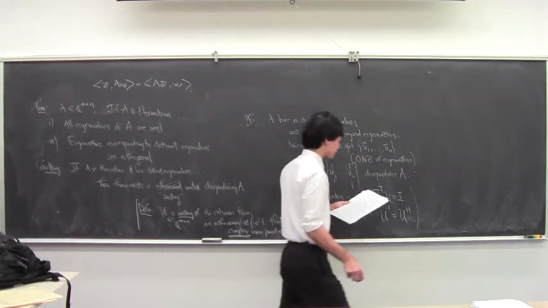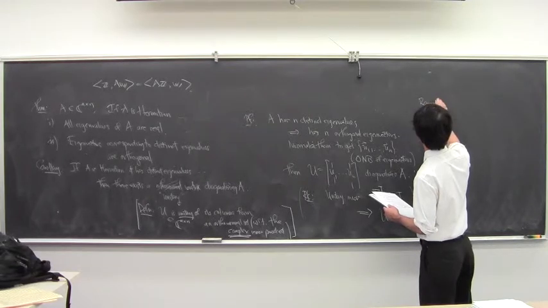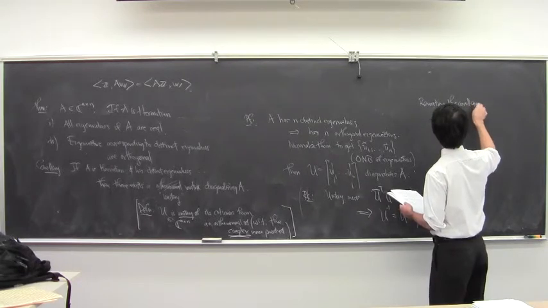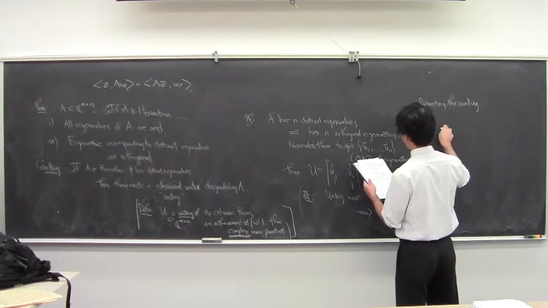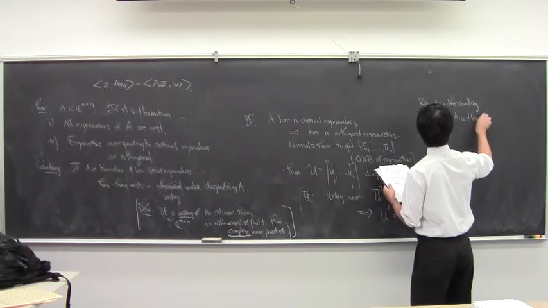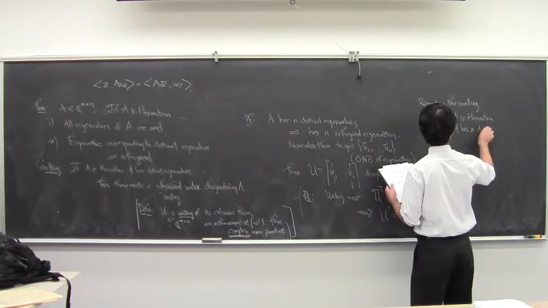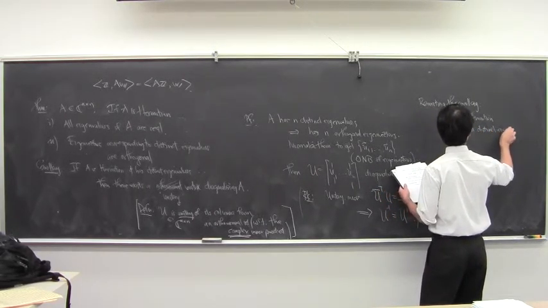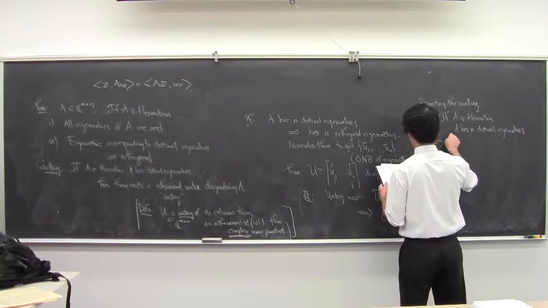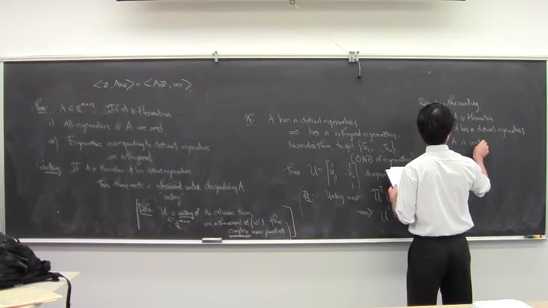So rewriting the corollary using this language: if A is Hermitian and has n distinct eigenvalues, then A is unitarily diagonalizable.